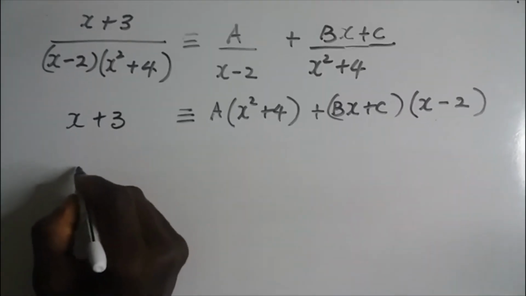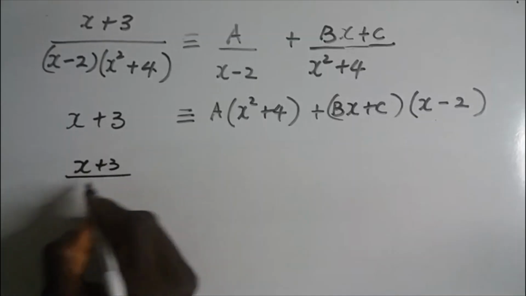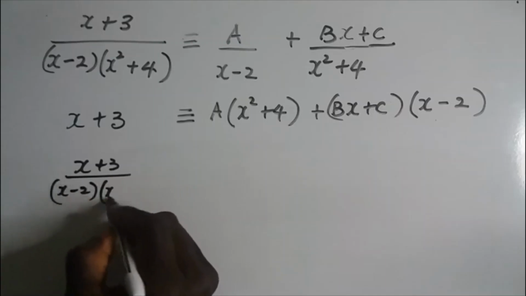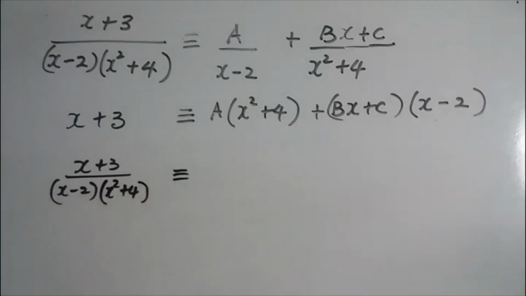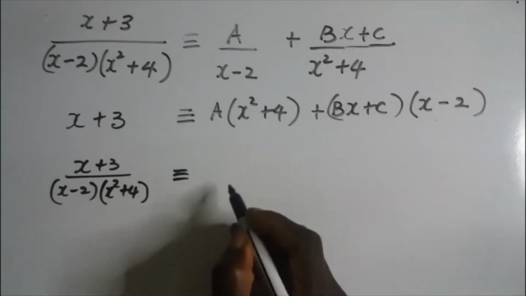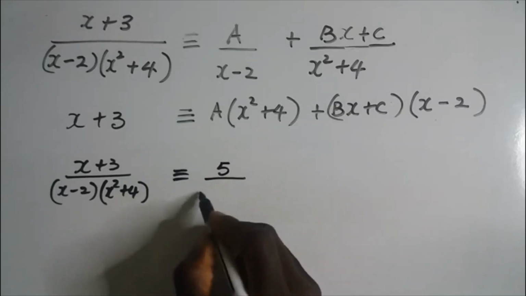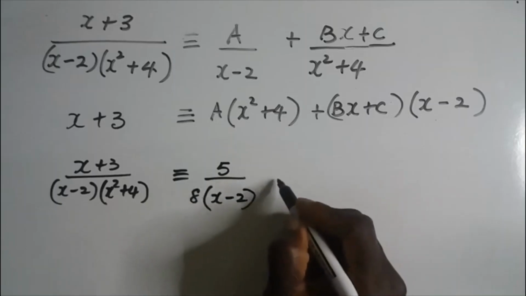So if we rewrite our original fraction, x add 3 over x minus 2, x squared add 4, now we can use our constants that we just calculated. So a was 5 over 8, so this becomes 5 over 8 brackets x minus 2.